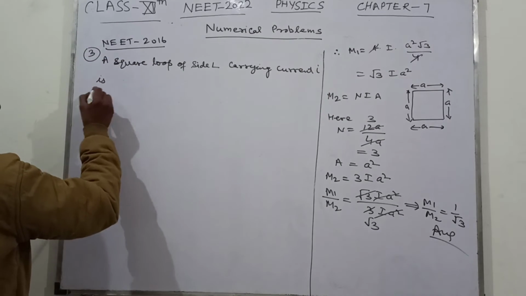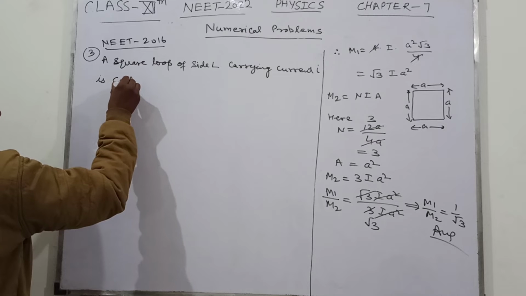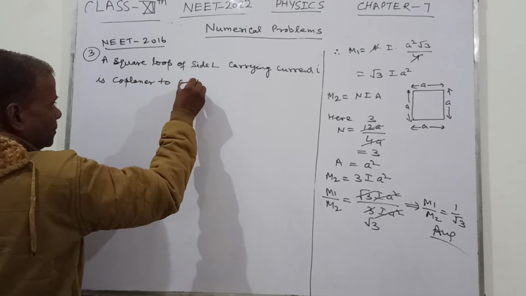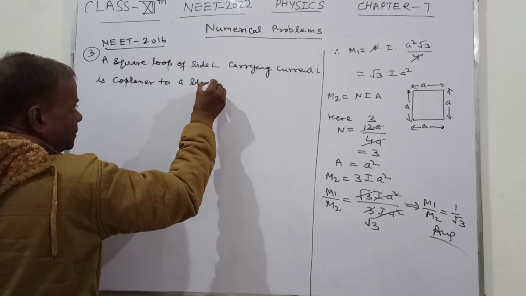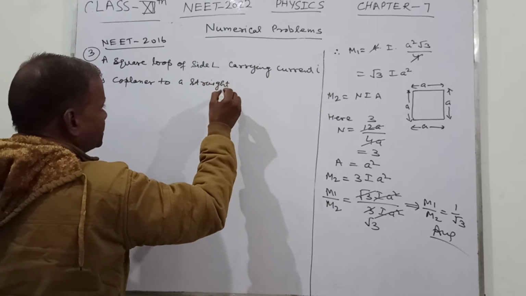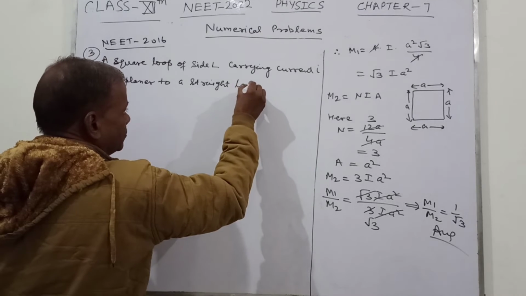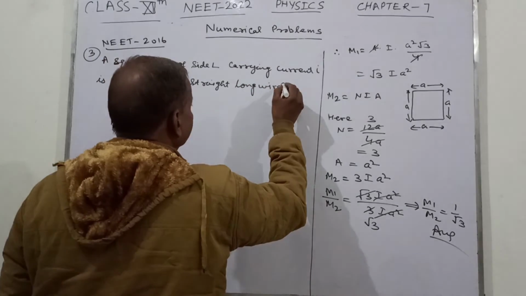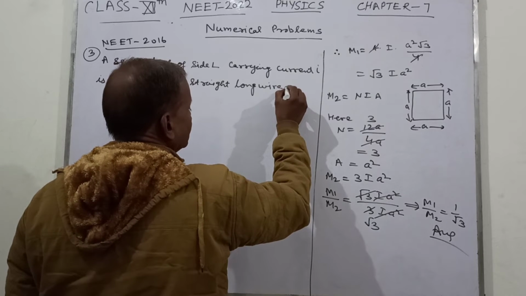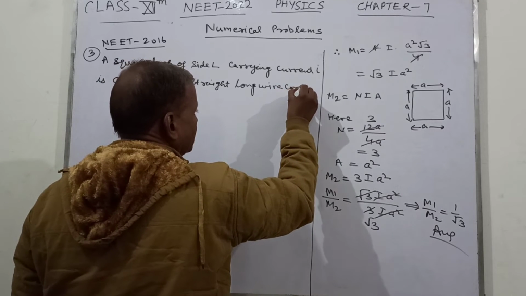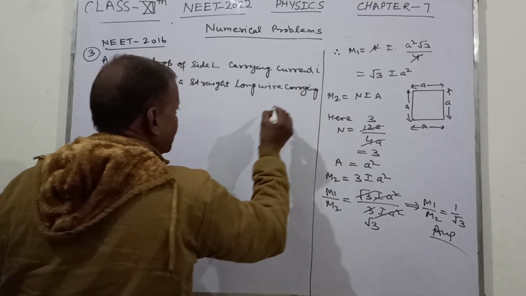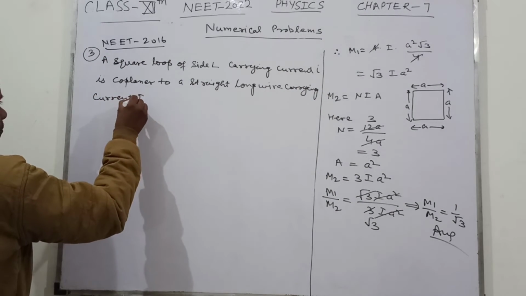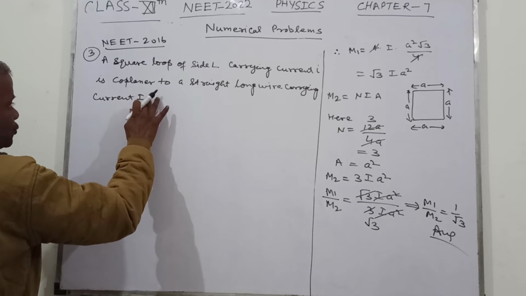is coplanar to a straight long wire carrying current I as shown in figure.